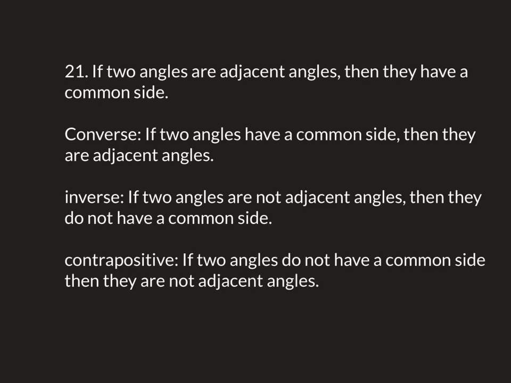Right, and then you were supposed to tell me which one of these, if any, was true. So for 21, the only one that would be true is the contrapositive. Right, because we can have angles that have common sides that are still not adjacent, because remember, adjacent angles can't have anything that overlaps, even if they share a common side.